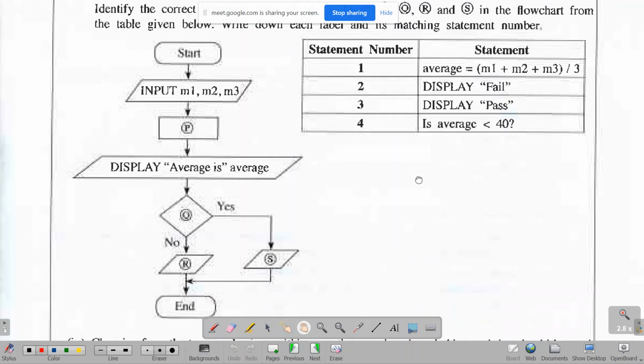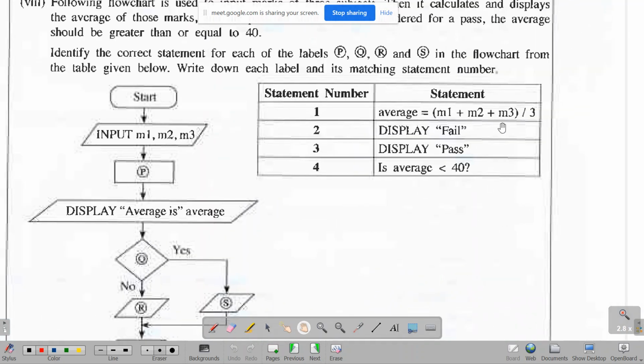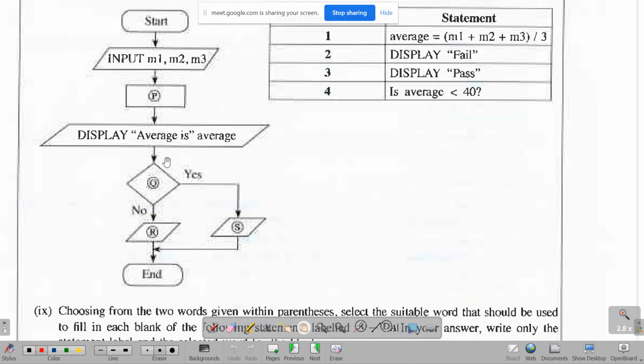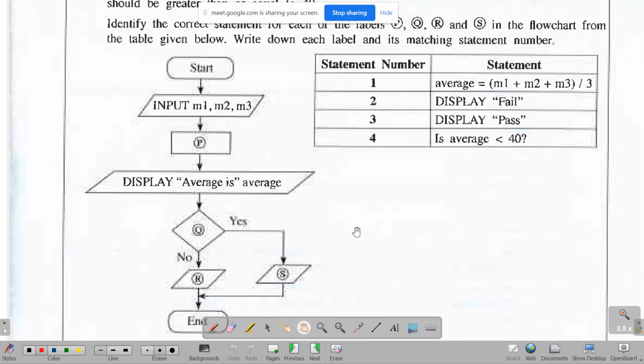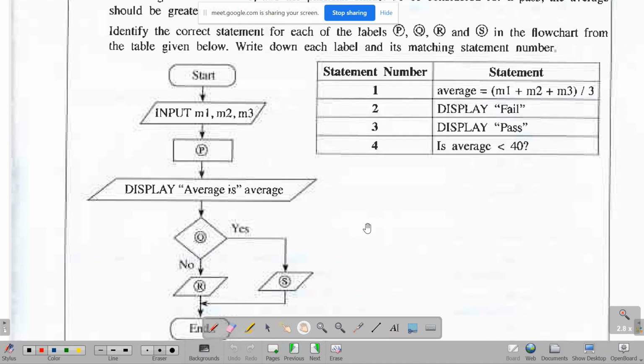So here they have given you 4 different statements to be matched with P, Q, R and S. What we can simply determine without even figuring out the algorithm is that this condition anyway comes inside here, so this is definitely Q because there are no other conditions over here.